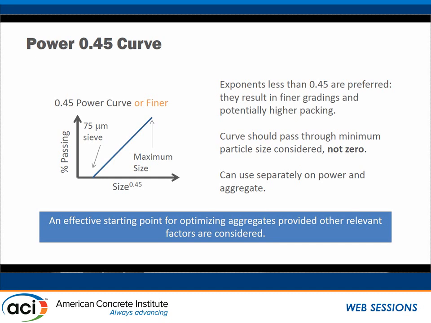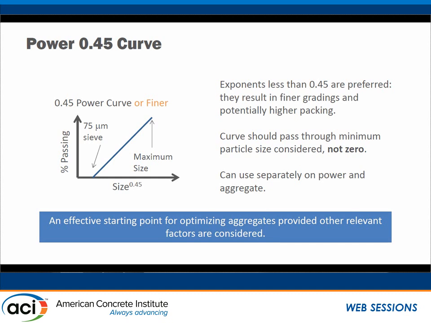And a couple things with this curve is that, first of all, instead of 0.45, you can use 0.35, as low as 0.2. Those will give you a finer grading and potentially higher packing. So there's a limitation. You can't go too low, but generally you'll get higher packing and a finer curve from those. So again, that's kind of taking us away from those coarse distributions that we had before.